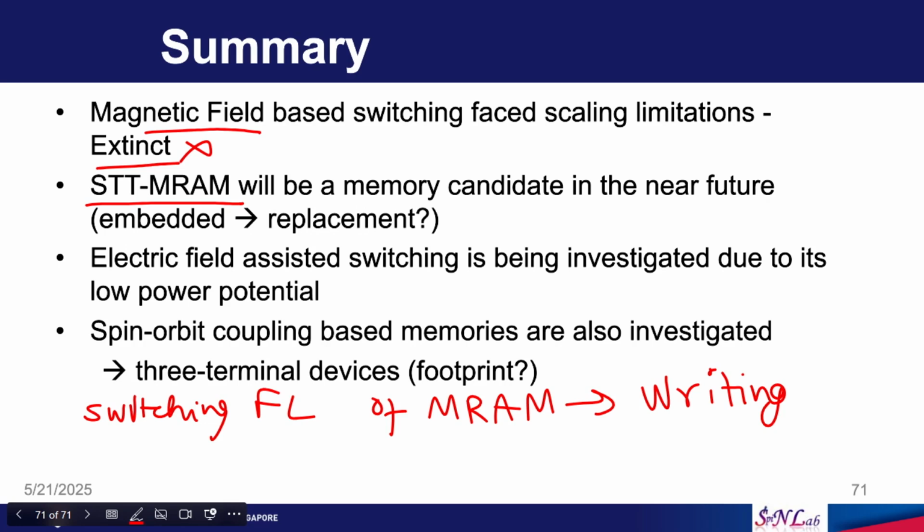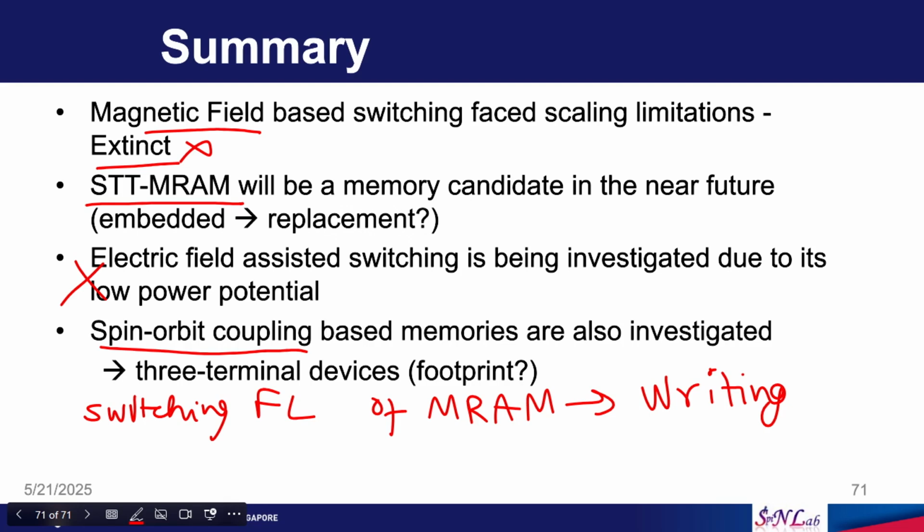You can send current through the device, you will generate some spin torque, and you can use this to switch magnetization. We did not discuss this today, and we can also use spin orbit coupling. So, use spin orbit torque to generate spins.